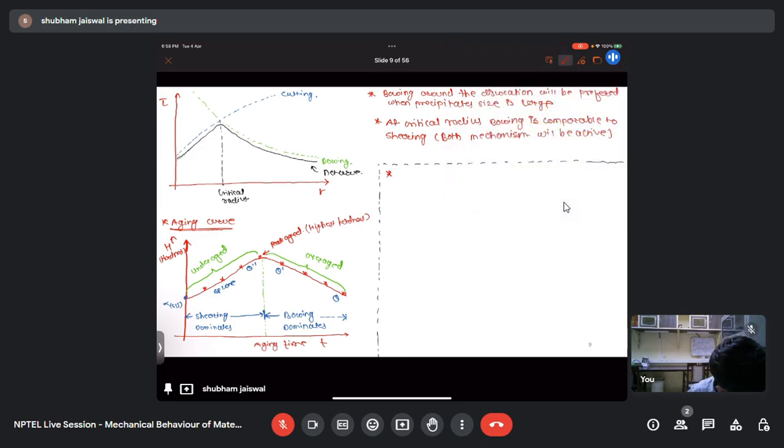Let me write down the effect of temperature on aging curve.